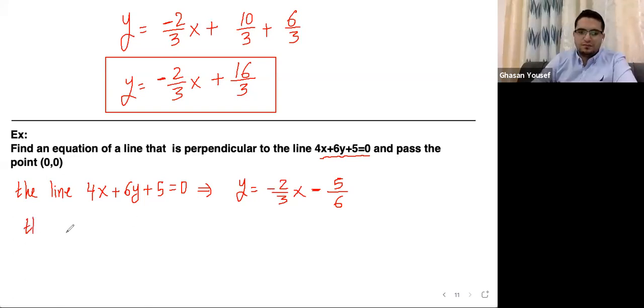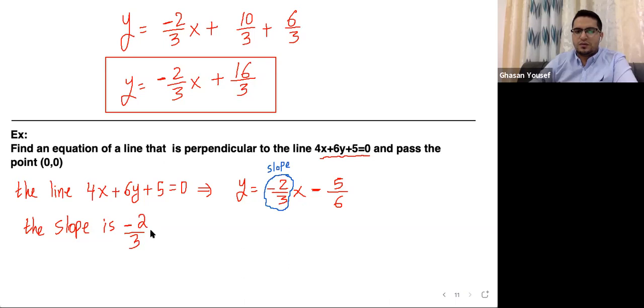The slope here is minus 2 over 3. How do I know? I know by this. This is the slope. Now the slope of the perpendicular is minus 2 over 3.